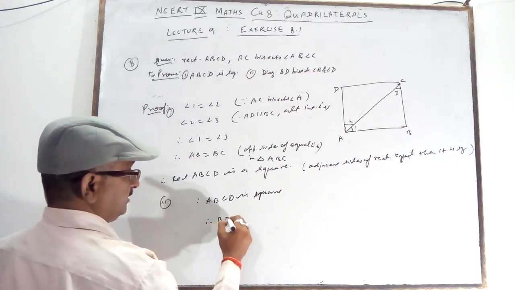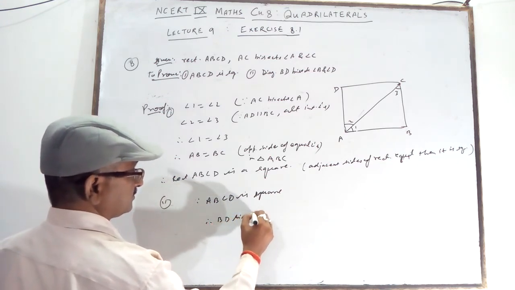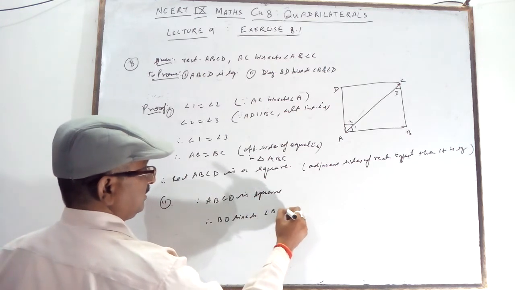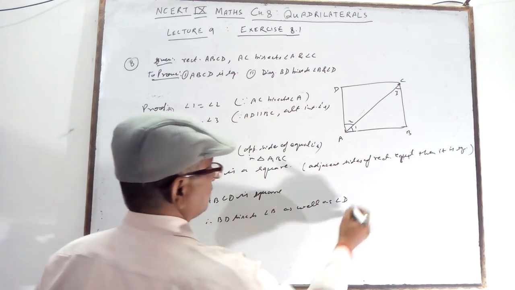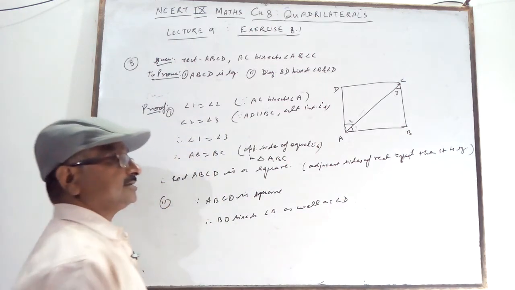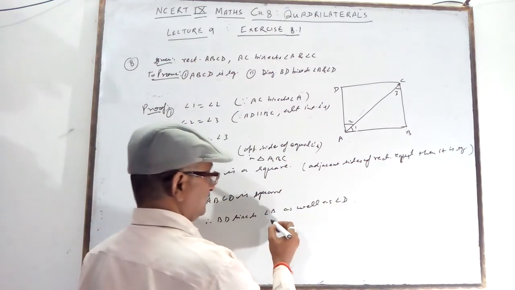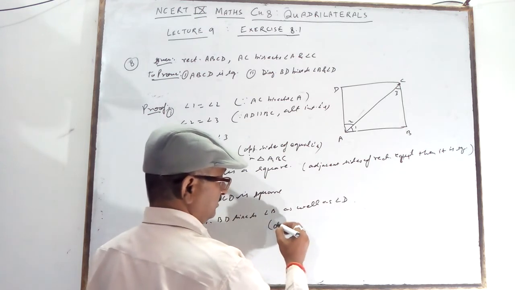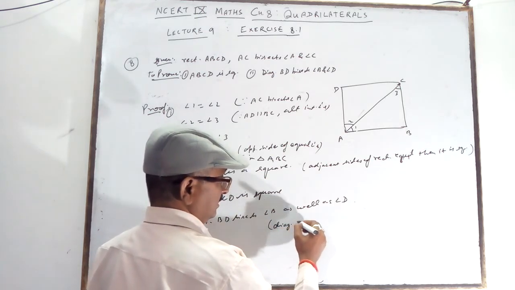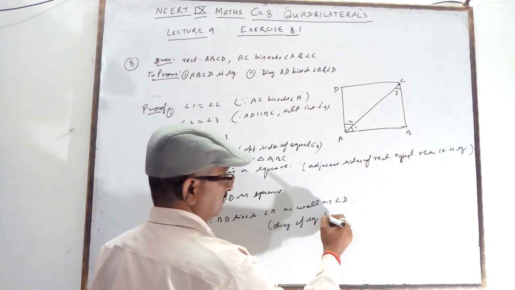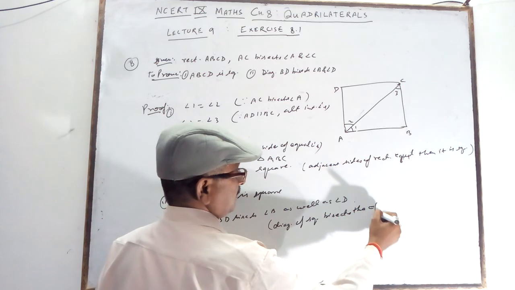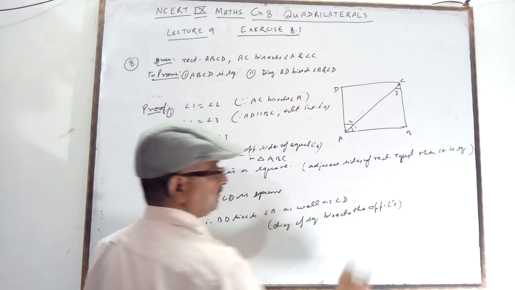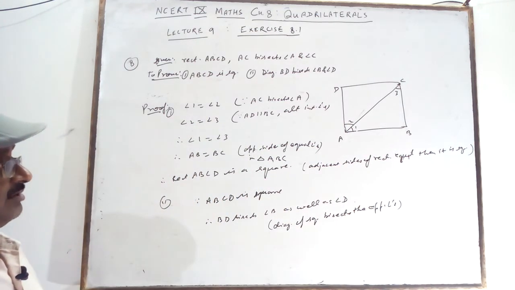So BD bisects angle B as well as angle D. Reason: diagonals of a square bisect the opposite angles. That property you write, then only you will get marks.